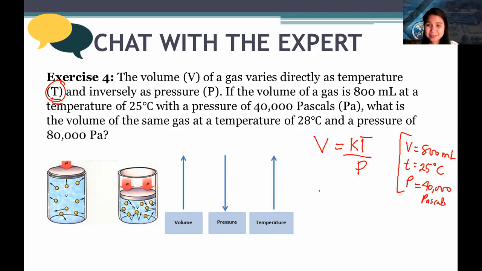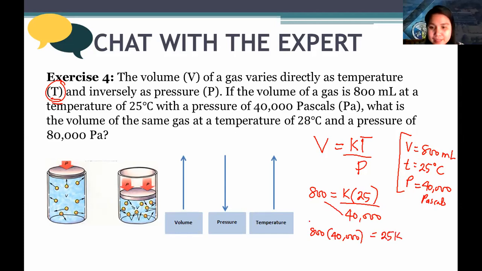So let's solve for our K. We have V is 800, our K is missing, our T is 25 over 40,000 pascals. Cross multiply. We have 800 times 40,000 equals 25K. Now we have 32 million equals 25K. Divide all by 25.